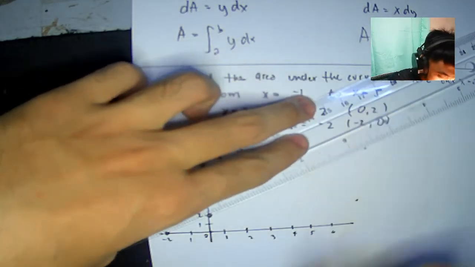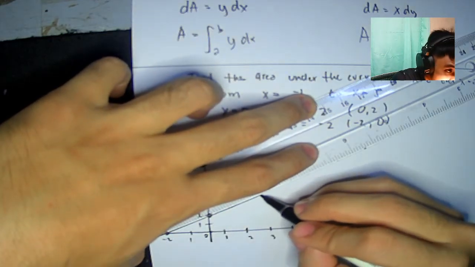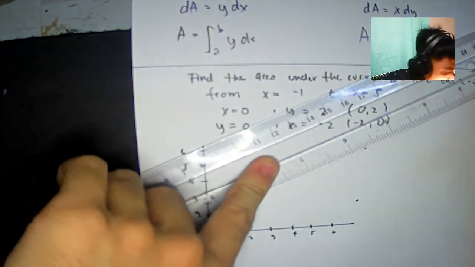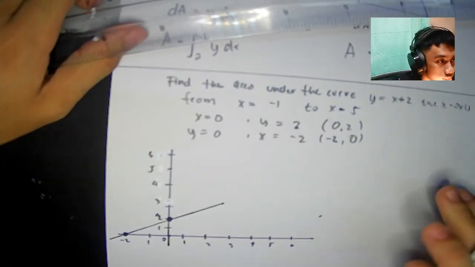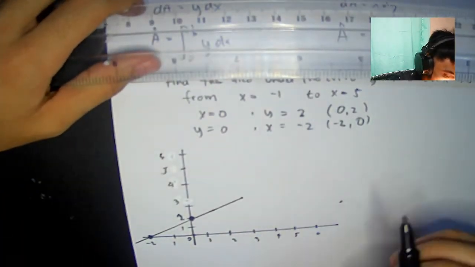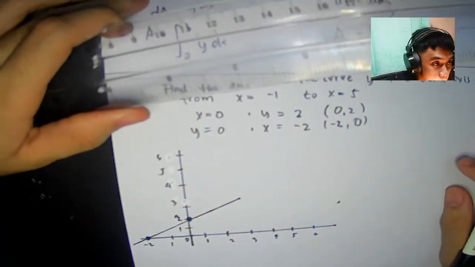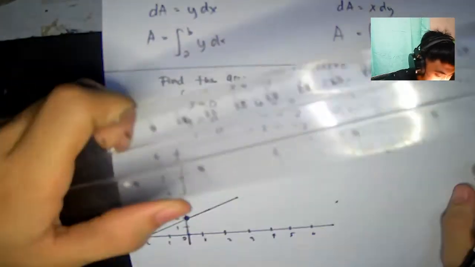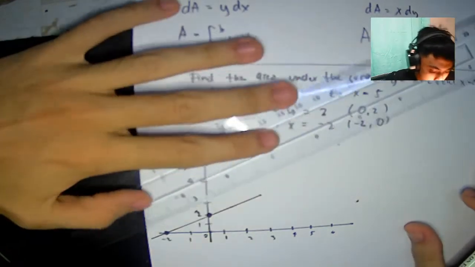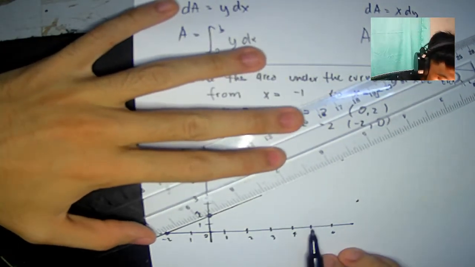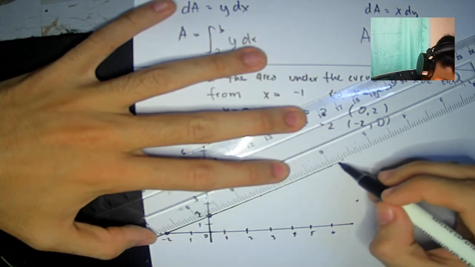Use the 2 and extend the lines. So here it is. We can say that our range is from x equals -1 to x equals 5. What we're going to do here is take all the points and be mindful of your ranges. I'll just mark the 5 here. Give it a little bit extra.